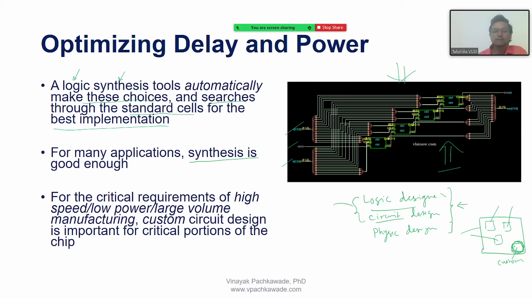Then the custom circuit design team will focus on the optimization of this particular block, because optimization of this block will optimize the whole chip in terms of power and delay, right?